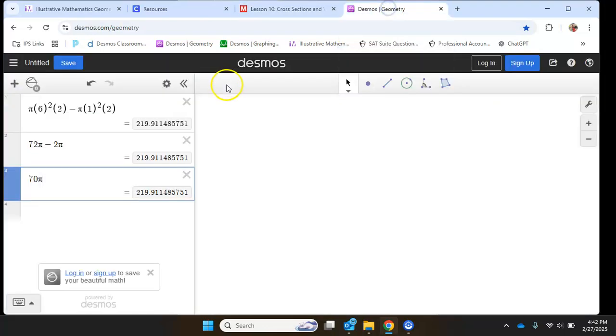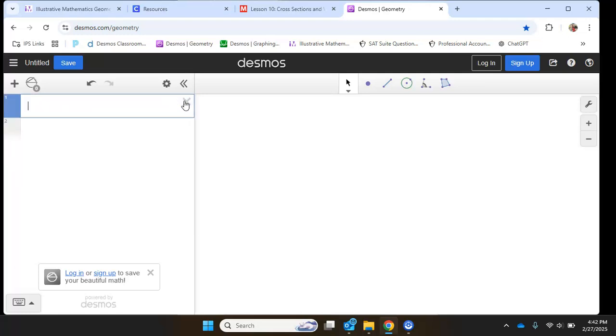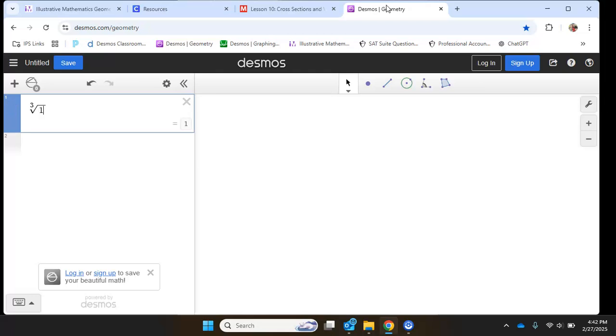Volume is cubed, so we're going to find the cube root of 128 divided by 2. You can see it's dilated by a scale factor of 4.